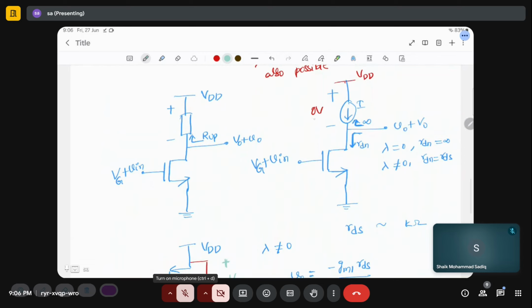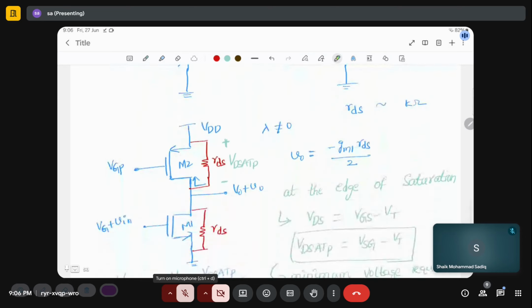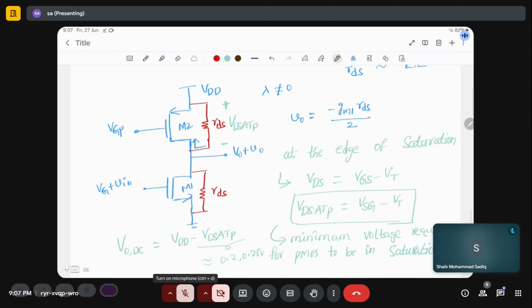So as we required, you need a lower drop across the element, which is the load, and the output resistance should be infinity. So we are near to that. The drop across this MOSFET is very small, which is VDsat P, in the order of 0.1, 0.2, 0.25 volts roughly.